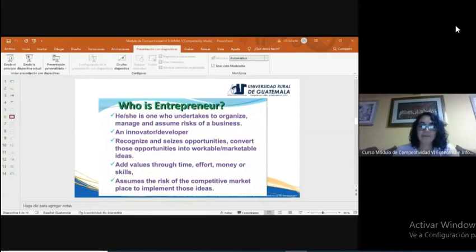And the last, but not less important, is this: imagine that entrepreneurship is like a bridge. This bridge is the gap between innovating and going through the marketplace. So I wanted to point out that entrepreneurship is really, really important for society and for our communities, because we are giving this economic contribution.